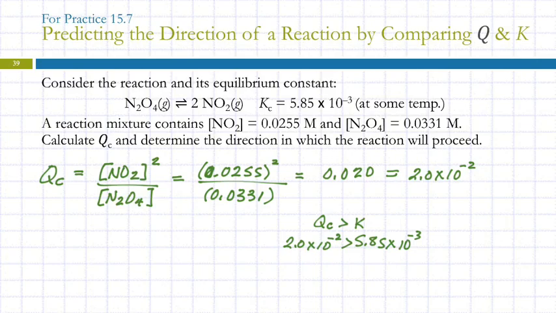Well, how does it become smaller? It becomes smaller if the numerator gets smaller and the denominator gets bigger, right? You okay with that? How does that happen for the reaction? How do I make the NO2 concentration less? The reaction has to go in the reverse direction, right?